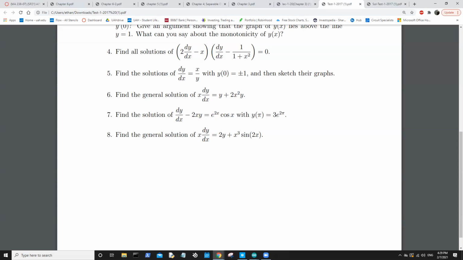Well, it's already pretty close to having dy dx on the side alone. So let's start by just bringing that x over. So we're going to have dy dx equal to y plus 2x squared y all over x.